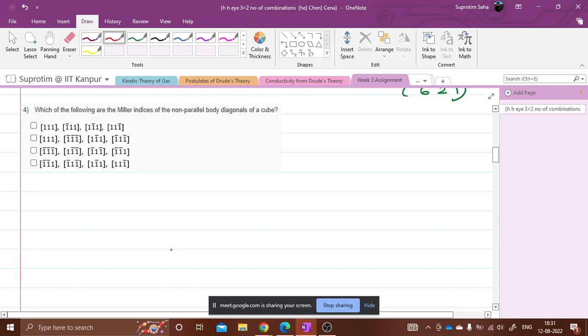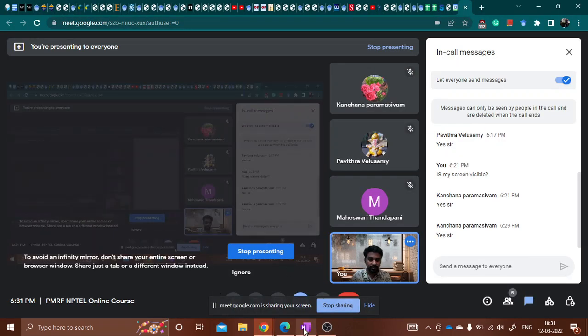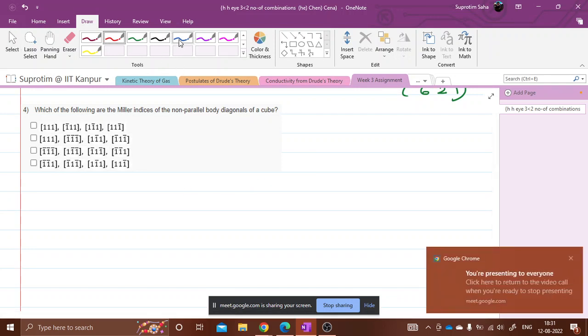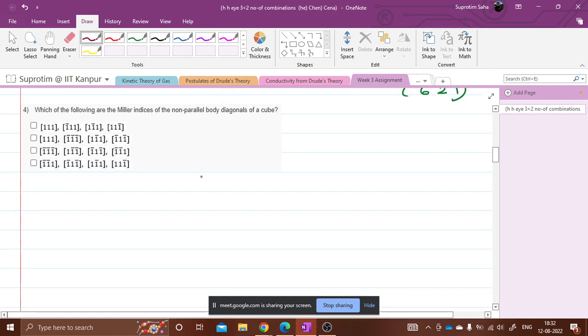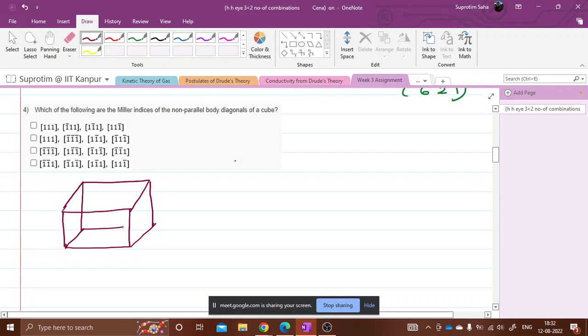So if I draw a cube, so to find the Miller indices of the body diagonals of a cube, right?